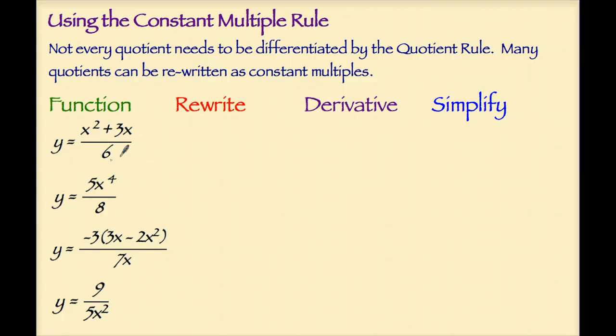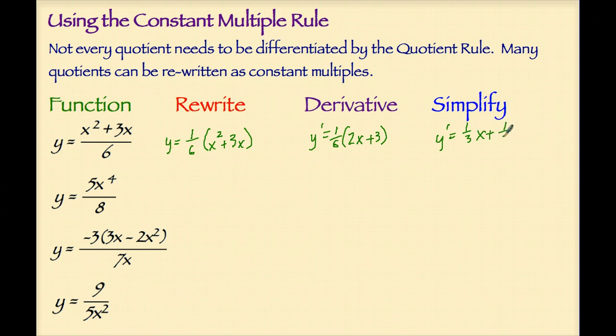In this first example, since the denominator is just a constant, we can rewrite this using 1/6 as the coefficient of the function. Now the derivative is going to be 1/6 times the derivative of the function, 2x plus 3. The simplified version, y prime is going to be 1/3 x plus 1/2.